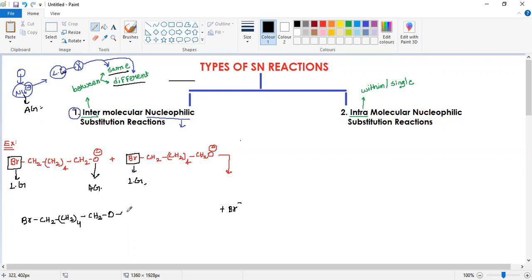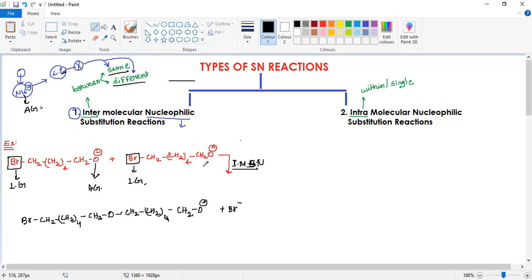So here write directly CH2, CH2, CH2O minus like this. So what process happened here? Intermolecular nucleophilic substitution reaction, isn't it now? Understood now? Got it?